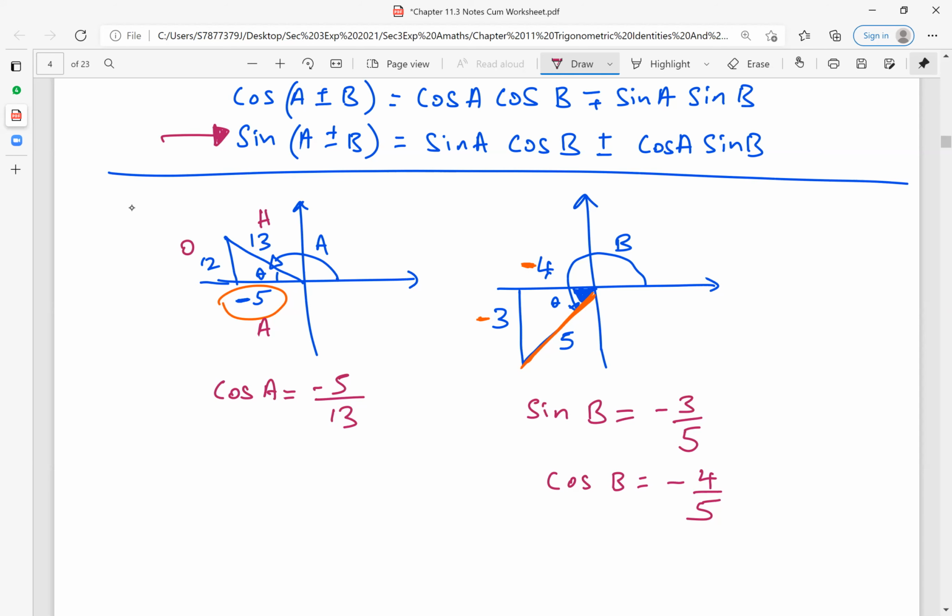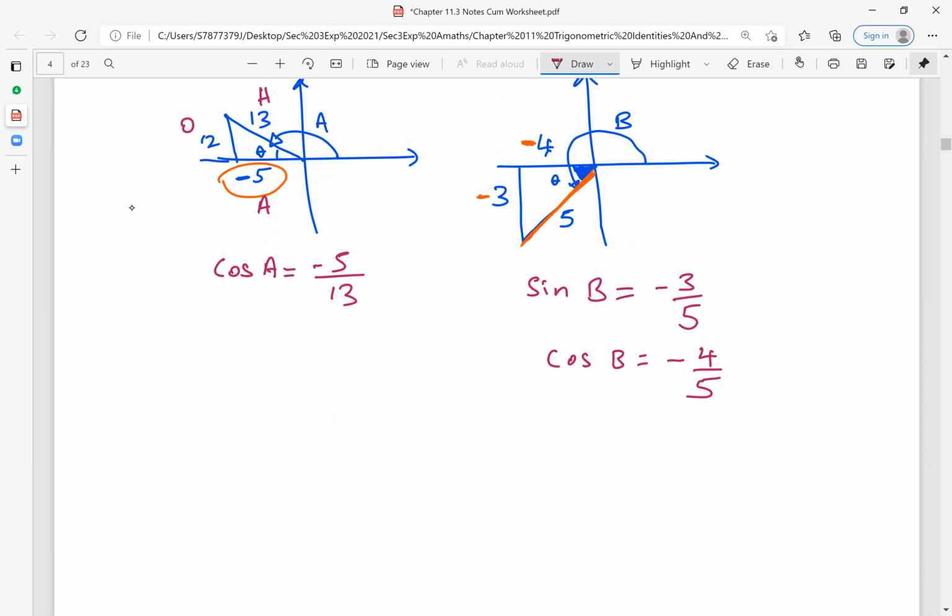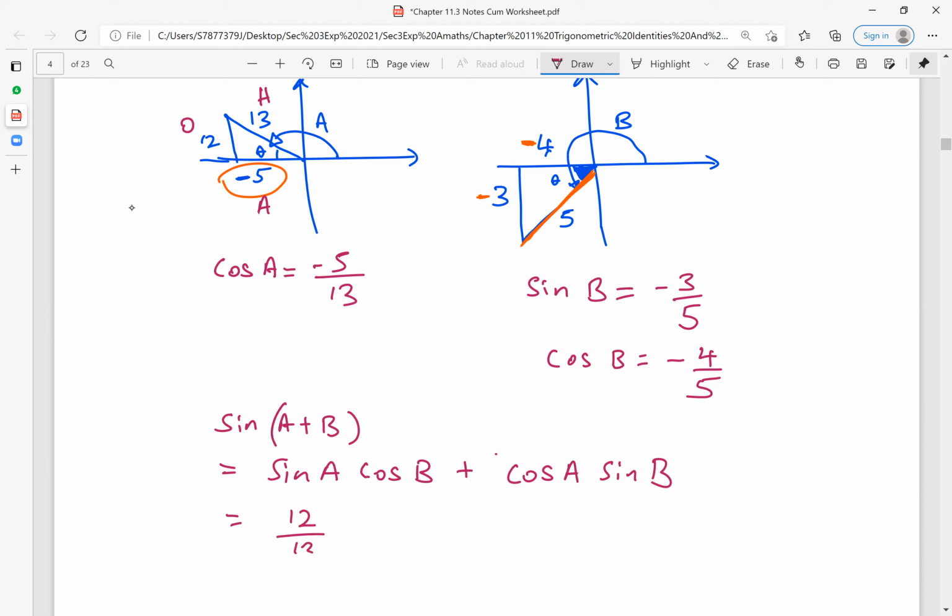Scott? Yes. Okay, so what we do next is what? Write in sine. A plus B is what? Sine A cosine B plus cosine A sine B. And sine A is given as 12 over 13.